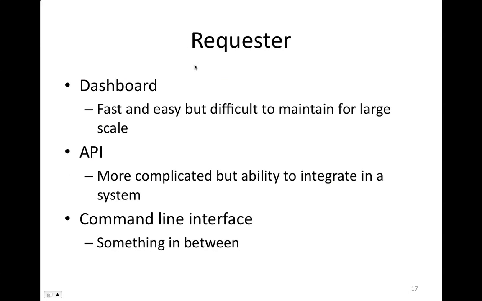As a requester, which is where we usually stand, we have three choices for how to manage Mechanical Turk: the dashboard, command line interface, or API. The dashboard is very easy to use. It's fast and easy, but very difficult to maintain for a large-scale system or experiment.